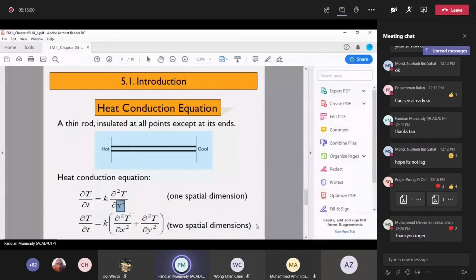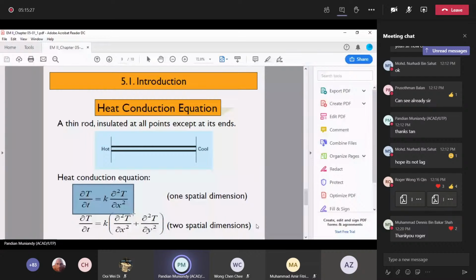But we also have a two-spatial-dimension form, that means x and y: del square T over del x square plus del square T over del y square. Both are heat equations, but our focus is on the one-dimensional case only. In the future, you can expand this to two spatial dimensions.